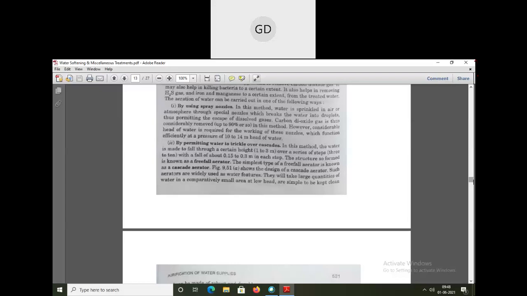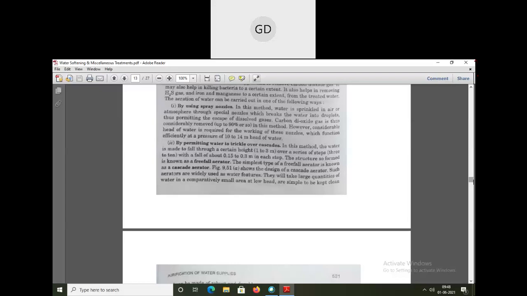The water is allowed to fall through each of the steps. This structure is known as a free fall aerator, and the most common free fall aerator which you will see in most of these plants is the cascade aerator.